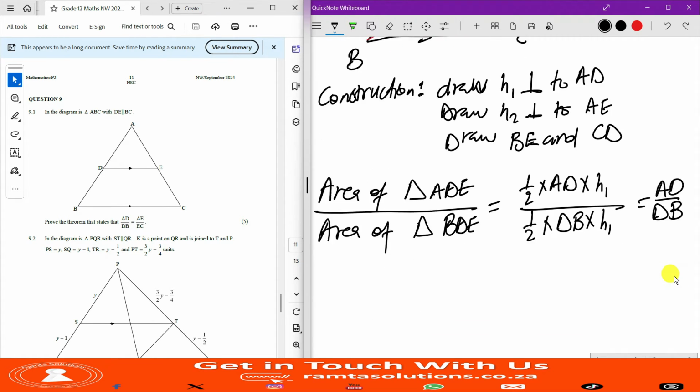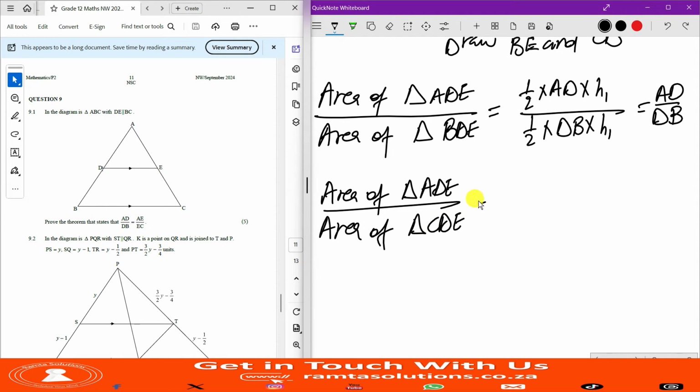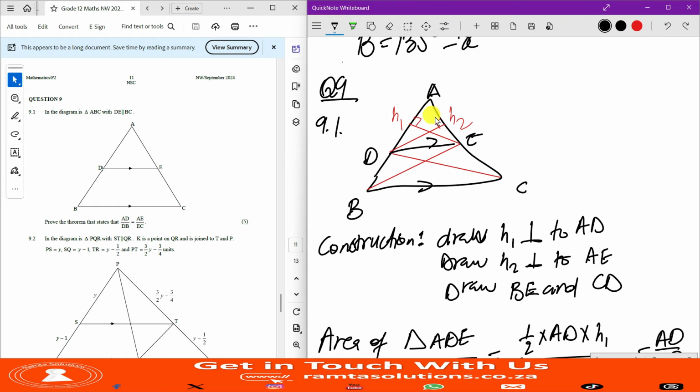Now we look at the area of triangle ADE over the area of triangle CDE. As you can see, the height is h2, it's perpendicular. These two triangles share this vertex D, so they have the same height.